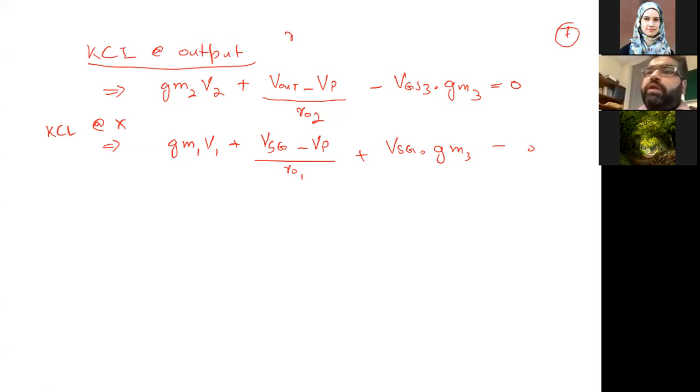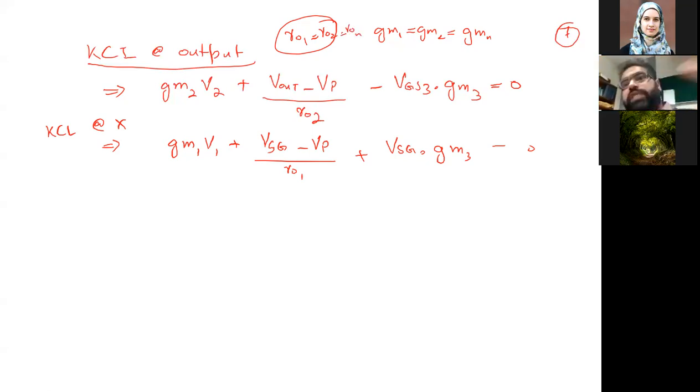And also one more thing, RO1 is equal to RO2. GM1 is equal to GM2, we can write GMN for our simplification, and here we can write RON. Since the NMOS are the same, RO1 and RO2 are equal to RON, and GM1 is equal to GM2 is equal to GMN.